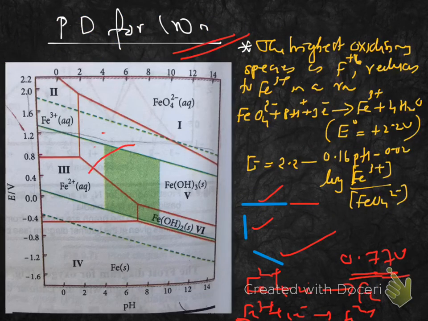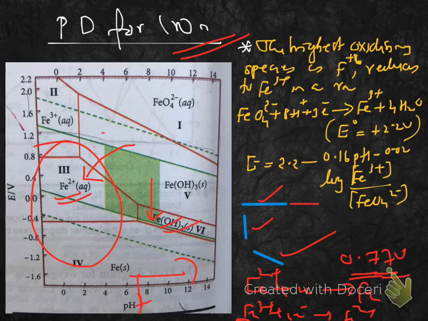Fe(OH)3 will reduce to Fe2+ in acidic region, but when we move towards the alkaline region or pH above 7, Fe(OH)3 is reduced to Fe(OH)2. It is plus 2, this is also plus 2. So plus 3 oxidation number will reduce to Fe2+ in acidic medium, Fe(OH)2 in alkaline medium.